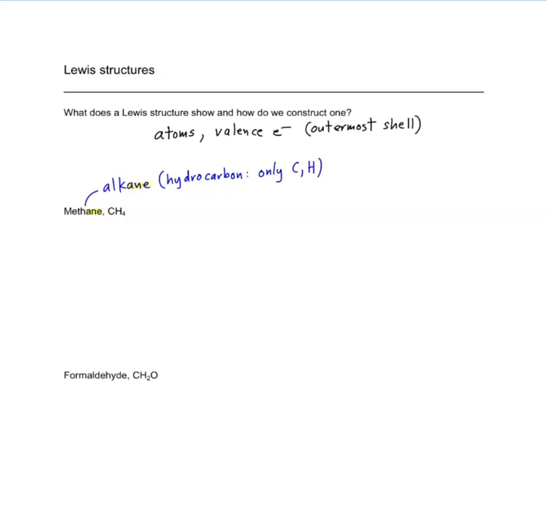So we're going to be going through types of molecules in a more systematic fashion a little bit later, but I wanted to start introducing you to some of these terms. So an alkane is a hydrocarbon, and specifically, it's a hydrocarbon with only single bonds.